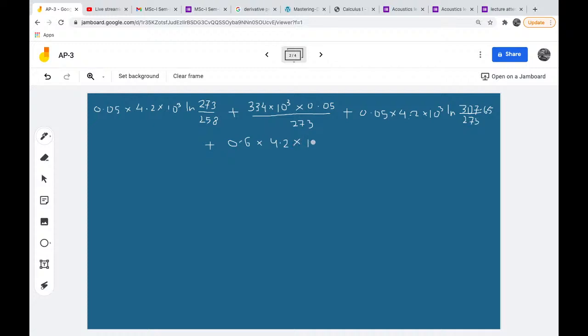Again, the water's temperature is changing, so you will use this equation. Remember, initially it is at 45, so the initial temperature is 318 Kelvin, and the final temperature is 307.64, which I have used here also. 64, not 5.